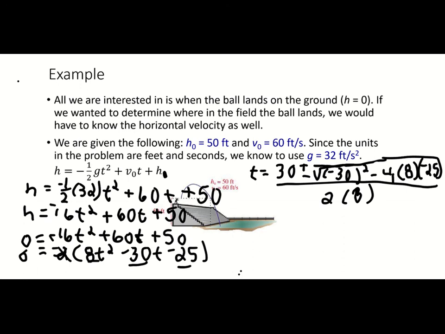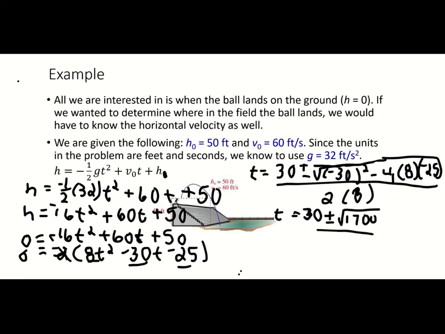Because here we are trying to find the time that it takes for the baseball to hit the ground, this is one where I would use my calculator to do the math.